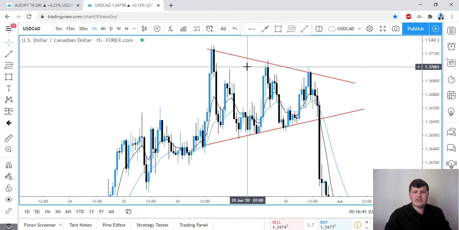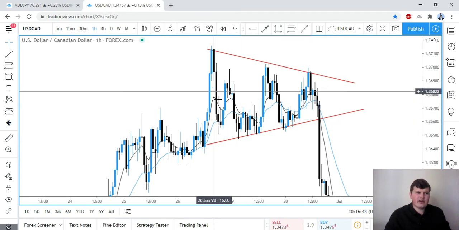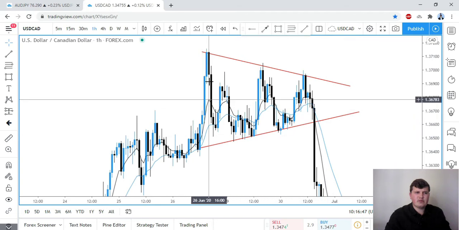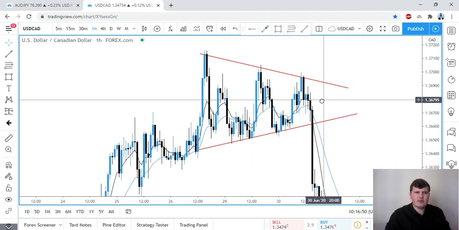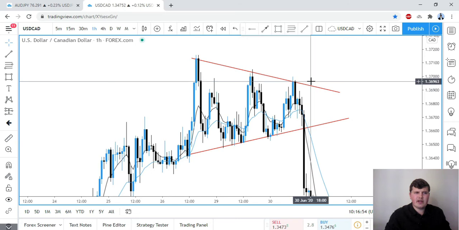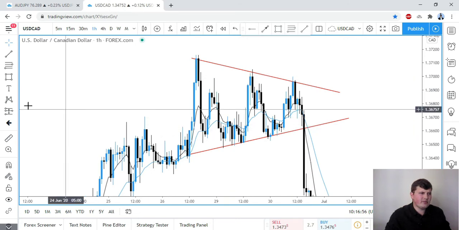So just like a rising wedge, it starts out big and gradually goes smaller and smaller, and as momentum builds up, it can break out of either the top or the bottom.